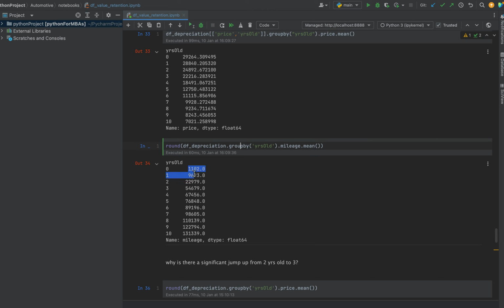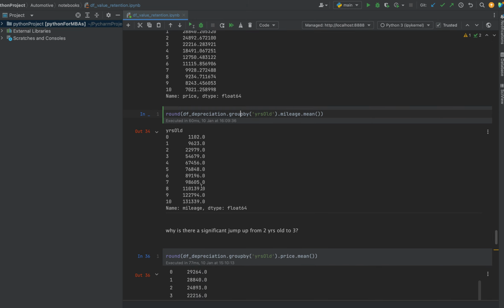As you can see, there's about roughly 9 to 11,000 per year. See 130, 112, 11, 98. So it's about 10 to 11,000 kilometers, I guess. But there's a huge jump between 2 and 3. And that's an interesting data point.